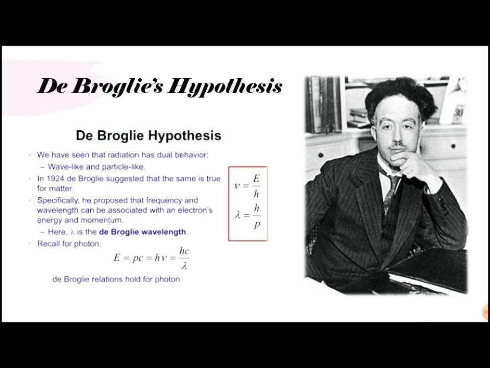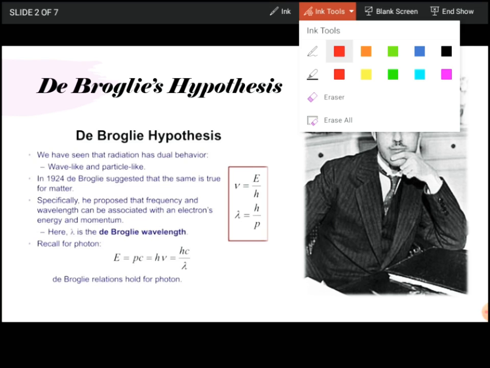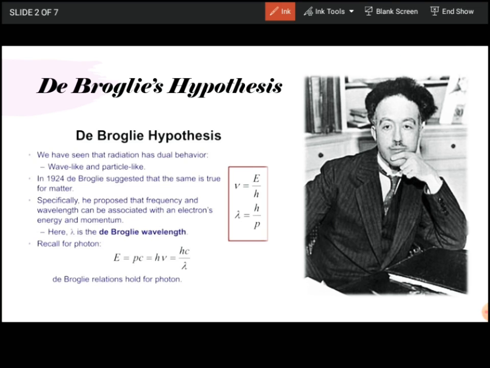So, de Broglie's hypothesis tells us about wave particle duality, where the wave character and the particle character are both represented by this fundamental equation, which was established for any particle and for any wave.